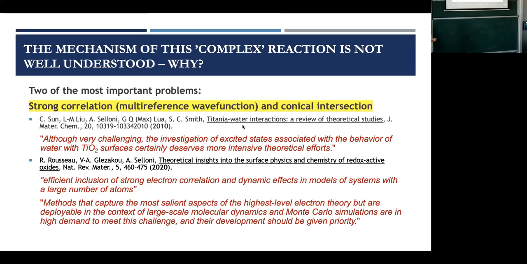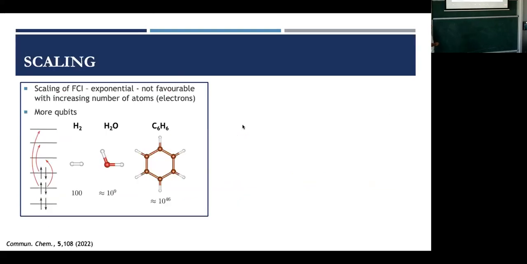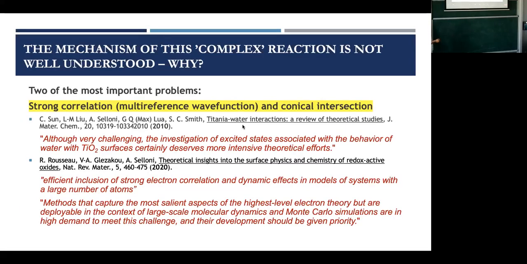But the problem is, even in 2022, 23, we don't have any theory that has the capability of handling the highest level electron theory and is deployable in the context of larger scale. This is the state of the classical algorithms for these kinds of problems. So I think it's worth exploring these reactions using a quantum computer.